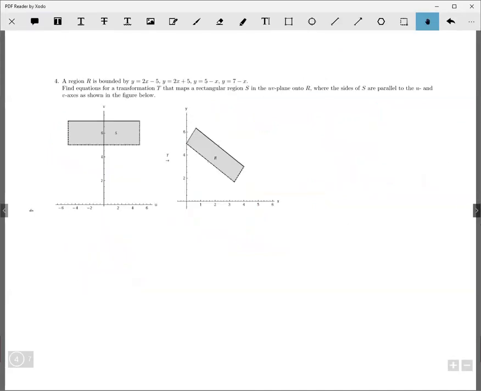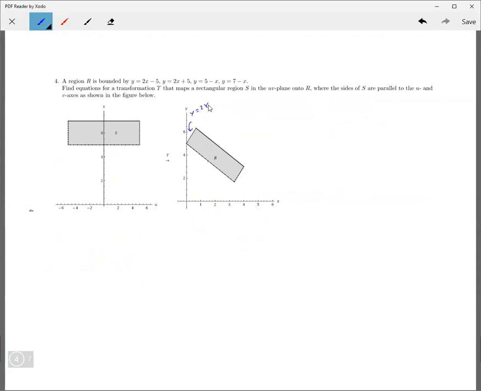Okay, so let's look at number 4. The region R is bounded by y equals 2x minus 5 and 2x plus 5. This is 2x plus 5 right here, and this right here is y equals 2x minus 5.